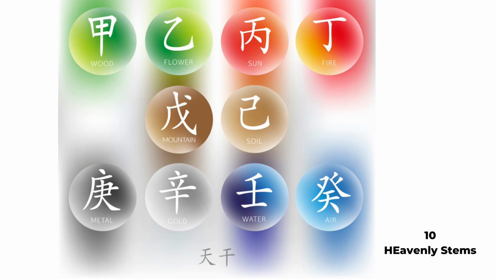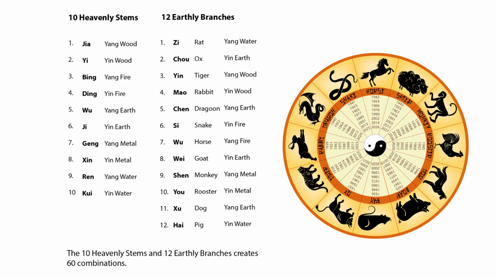That's the 甲乙丙丁戊己庚辛壬癸. Each element lasts for 2 years. The 甲 and 乙 year belongs to the wood element, 丙 and 丁 belongs to fire. And you can see the chart here. The 戊 and 己 belongs to the earth, 庚辛 belongs to the metal, and 壬癸 belongs to the water.